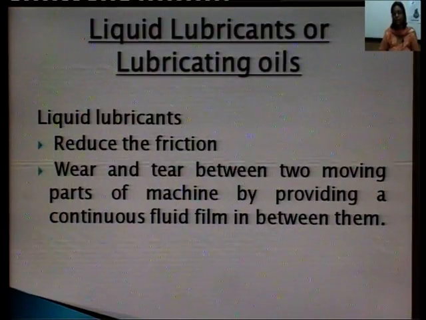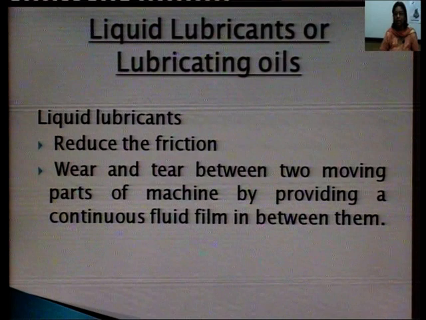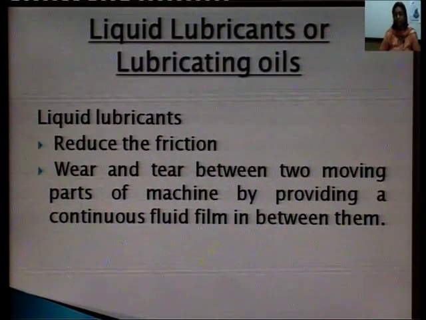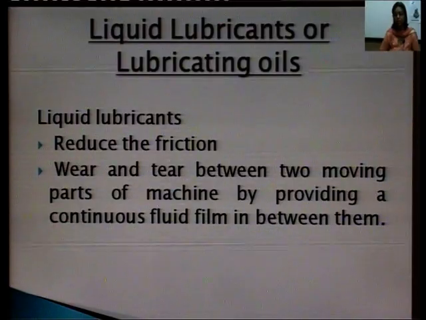Now, what are the liquid lubricants or the lubricating oils? Liquid lubricants are those lubricants which on application reduce the friction between the moving parts and also reduce the wear and tear between the two moving parts of a machine by providing a continuous fluid film in between them.